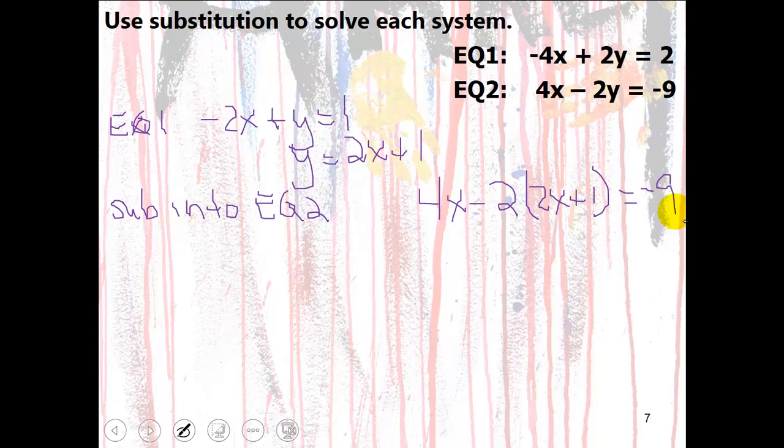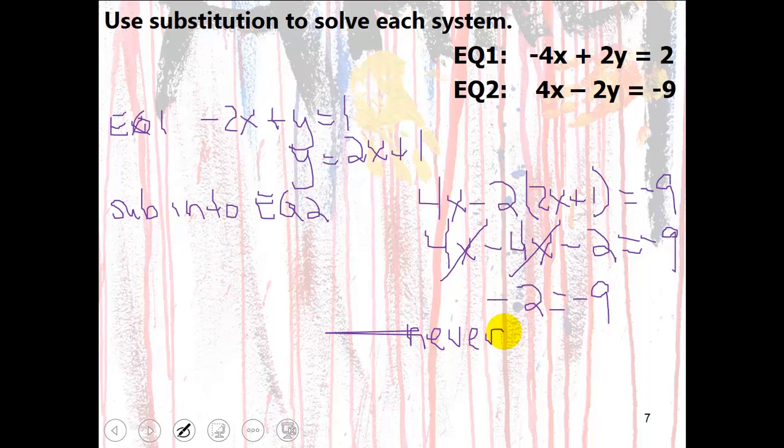Now I'm going to distribute. 4x minus 4x minus 2 is equal to negative 9. These cancel, so I get negative 2 equals negative 9. That's never true. So there's no solution. So it's inconsistent.